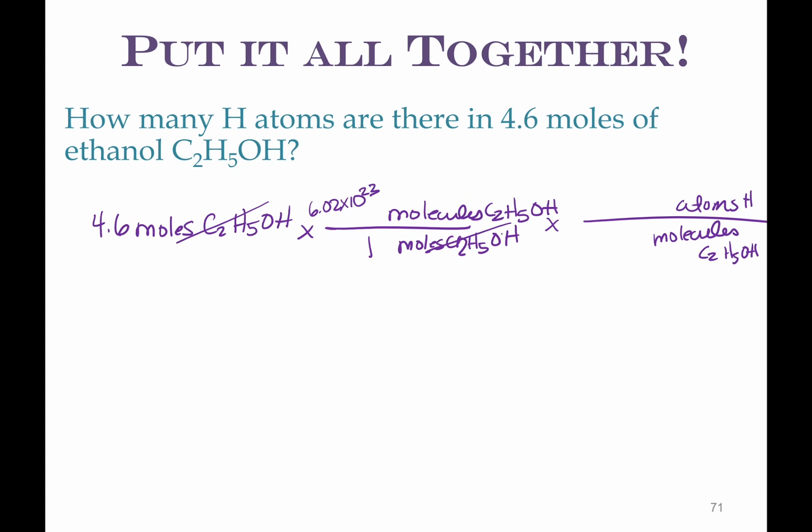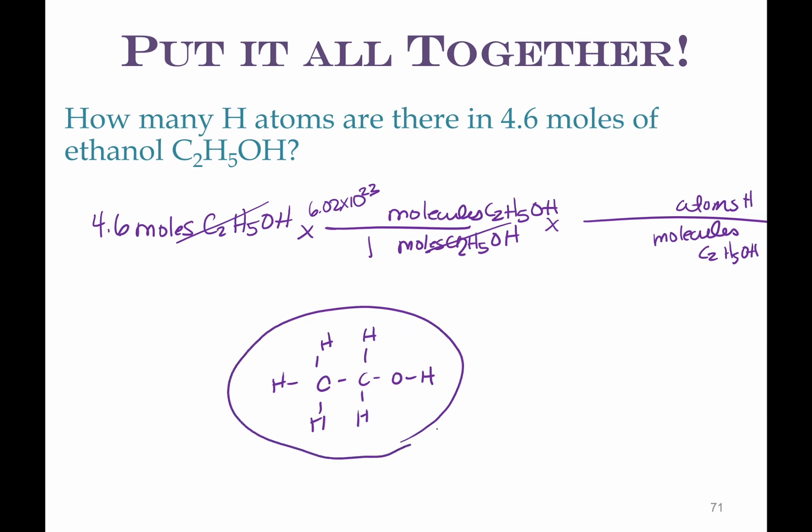Now that we're in molecules of ethanol, they're saying for every one of these that I drew out, sorry, my drawing is a little off here, this is 1 molecule. So in one of these molecules, how many hydrogen atoms do I have? 1, 2, 3, 4, 5, 6.